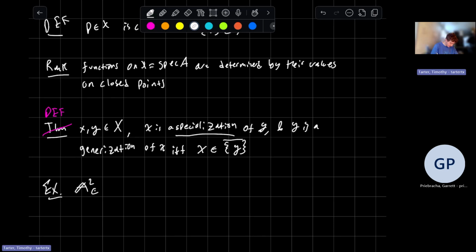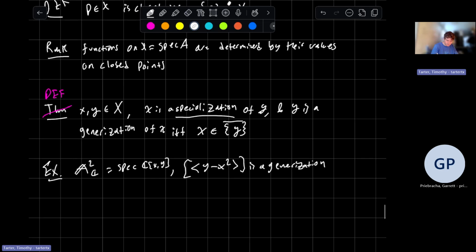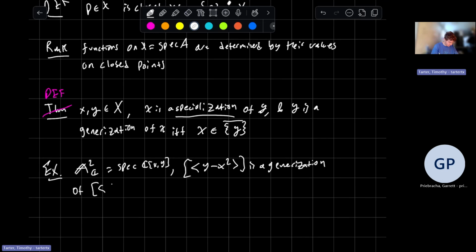In A^2 over C, which is spec of C[x,y], the point generated by y minus x squared is a generalization of the point (x minus 2, y minus 4), which corresponds to the point (2, 4) in C^2.